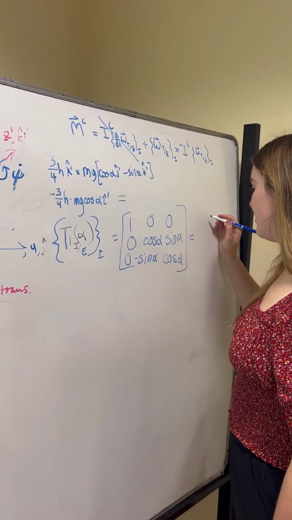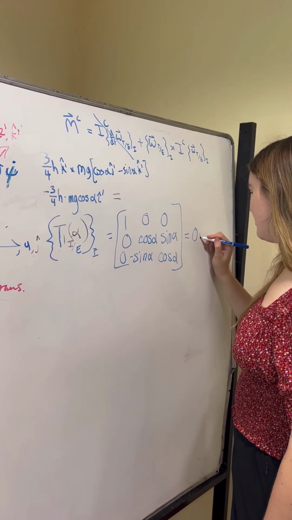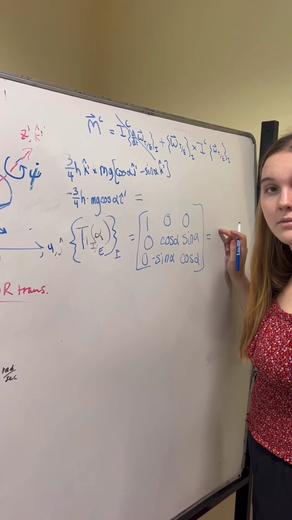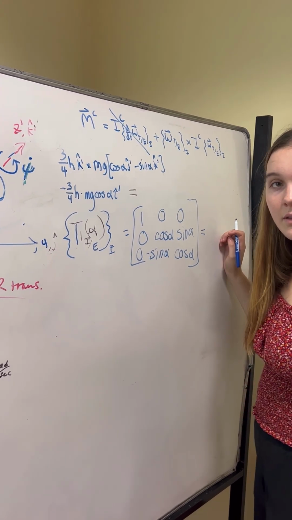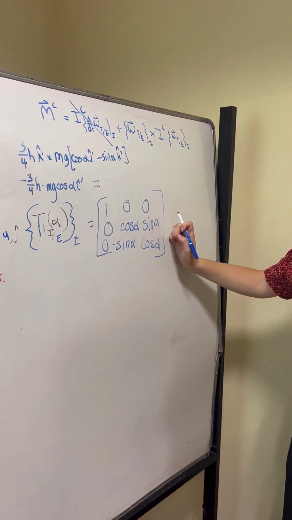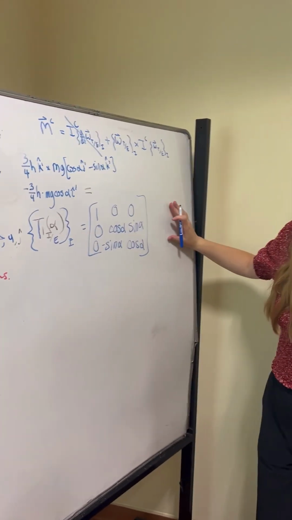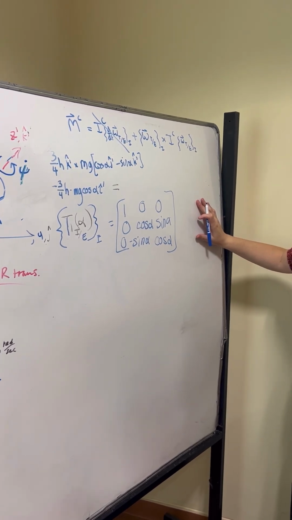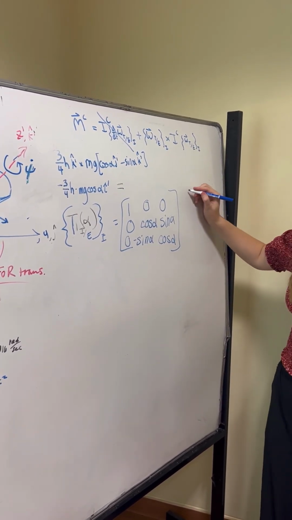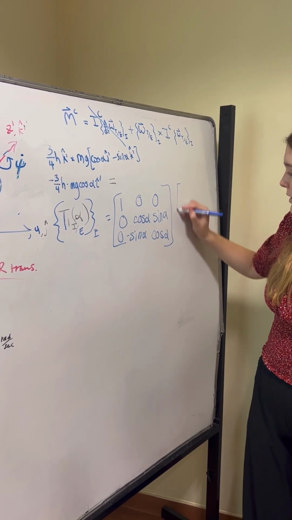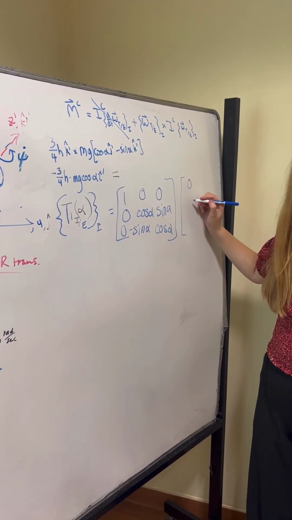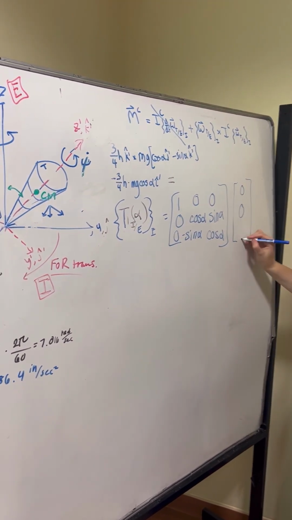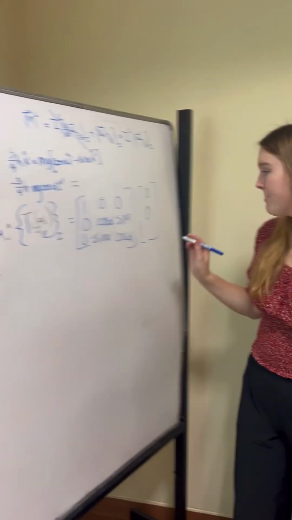I need you to write the omega vector, because we're transforming the vector by multiplying the matrix that you have by whatever the omega vector is. It's a column matrix. So it's your i 0, your j 0, and your k is going to be omega. Is it just omega? I think it's just omega.